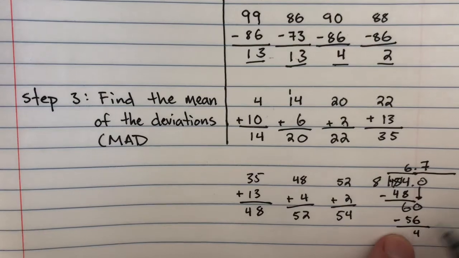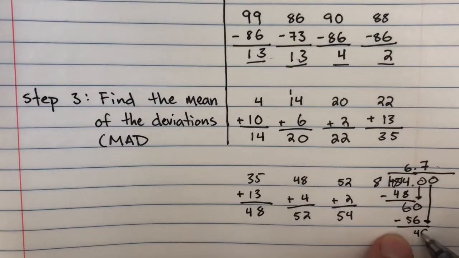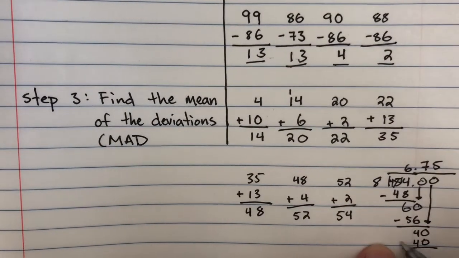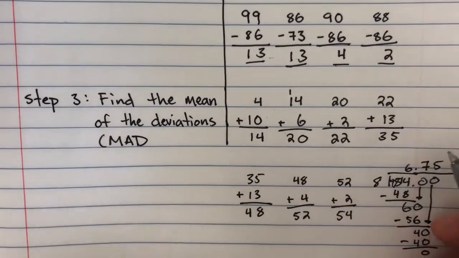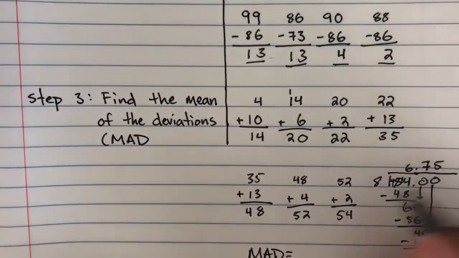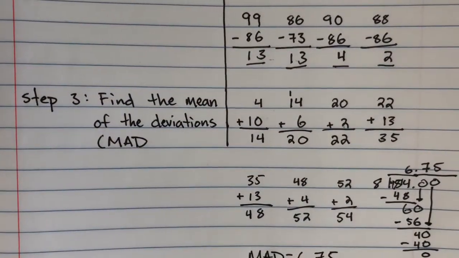Subtract that, I get 4. Annex my 0. 40, 8 goes into 40 5 times evenly. So that means my MAD, my mean absolute deviation, is 6.75. Oops, you can't see that.